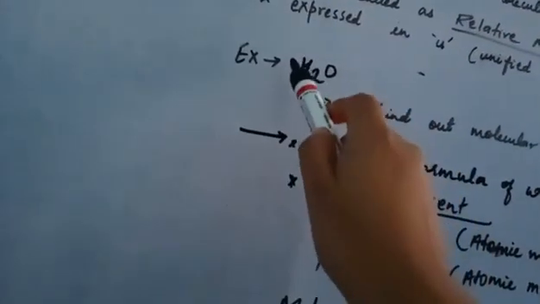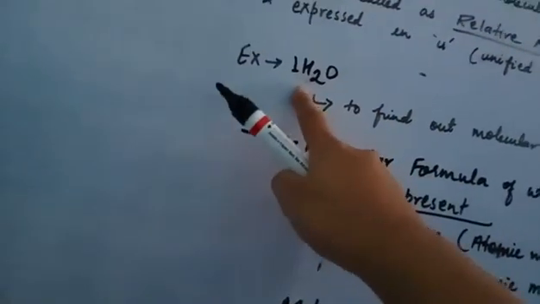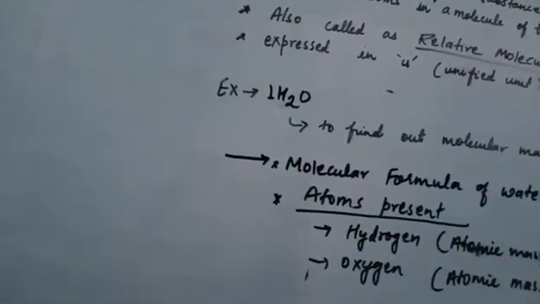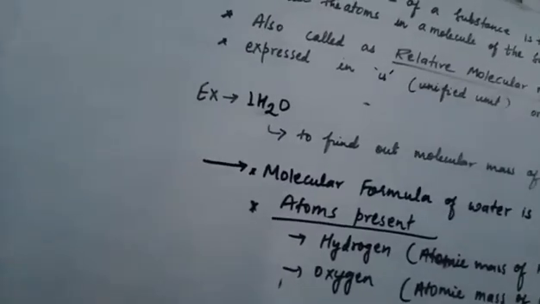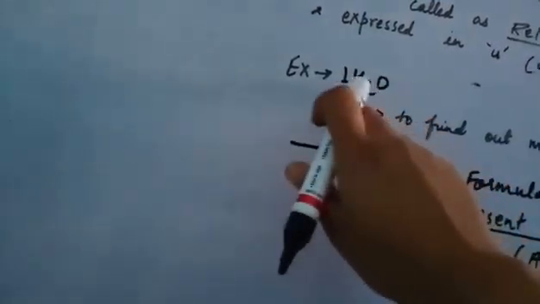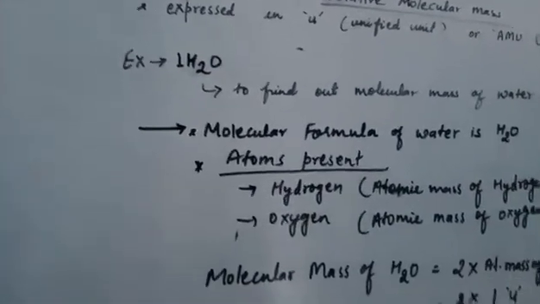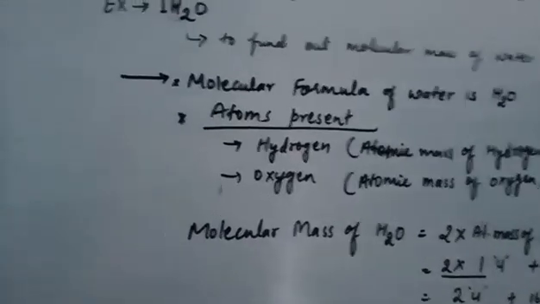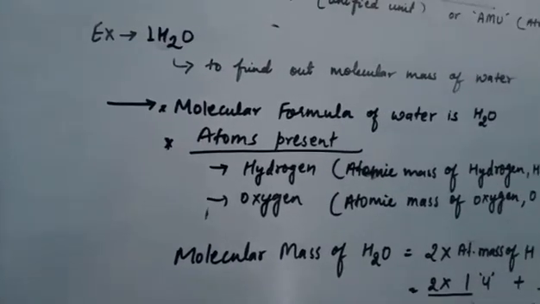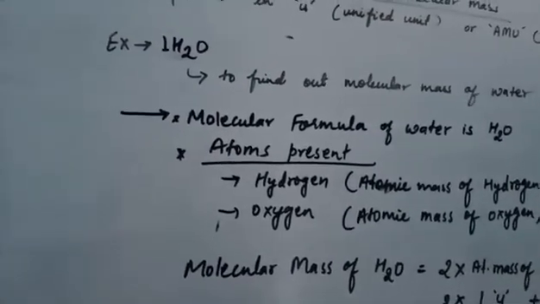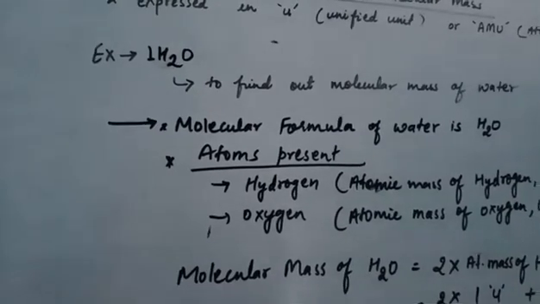What is it? H2O means what? You have one molecule of water. So molecular mass of water, it is asking to find out the mass of one molecule of water. Okay, so what all you have to know for finding out the molecular mass of any substance.